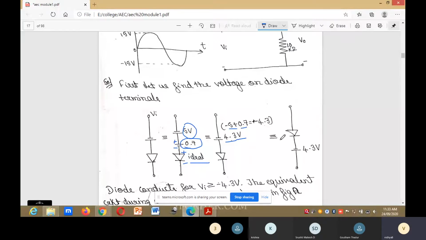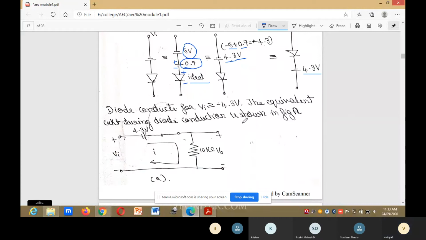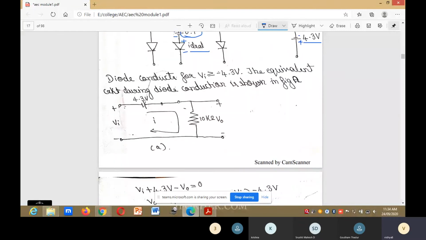In total we get minus 4.3 volts. The diode conducts for Vi greater than minus 4.3; at that voltage the diode will conduct.